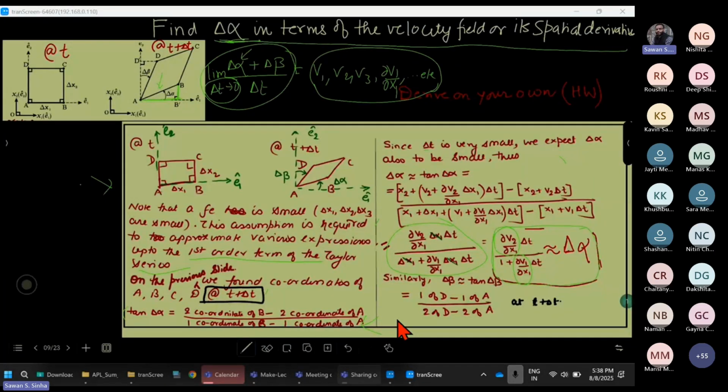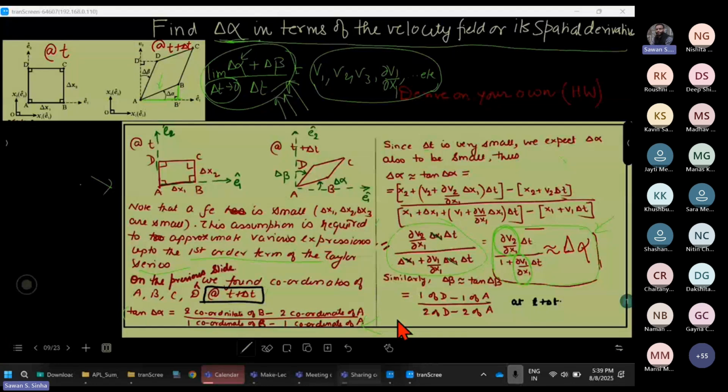In the numerator you have del v2 del x1, and in the denominator you have del v1 del x1. We will keep this in reserve and then come back to this.